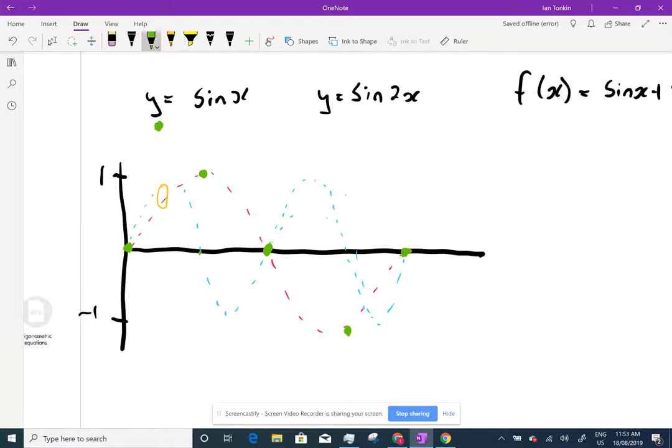I'm just guessing. They won't go more than 2 though, because the max it can be is going to be less than 2, because there's no times when they're both at 1 and 1. For these values in here, if I add them together, I'm adding a positive and a negative.